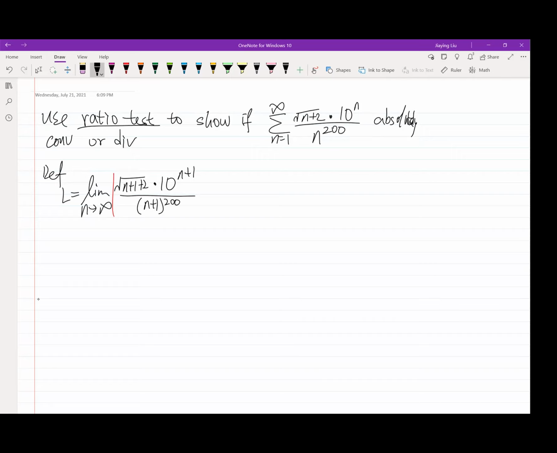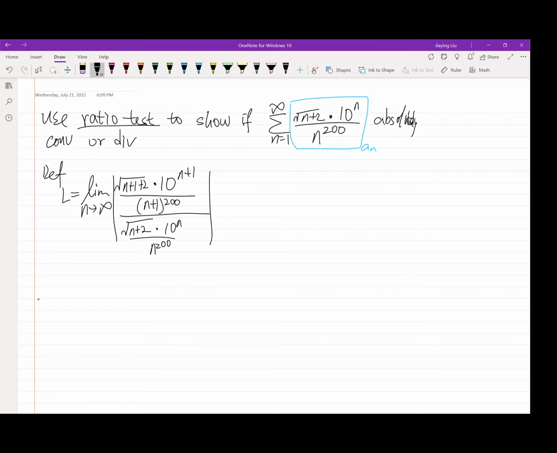So that's a_{n+1}. And then we're going to divide by a_n, which is the given expression: square root of n plus 2 times 10 to the n divided by n to the 200, in absolute value.